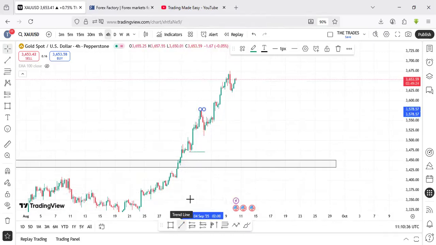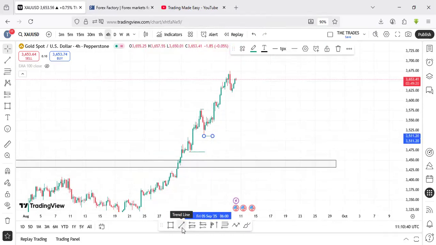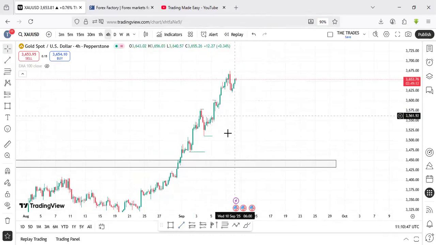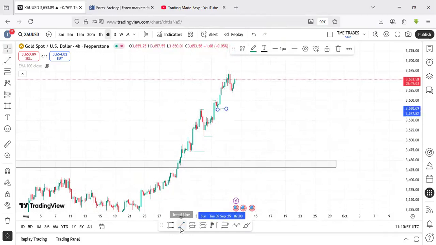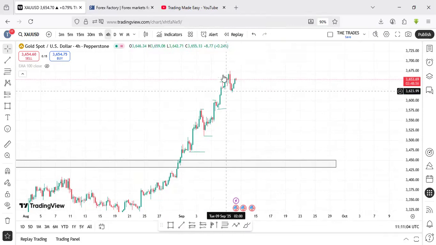Then this higher low created another higher high, and this higher high created this higher low, and this higher low created this higher high, and this higher high created this higher low.